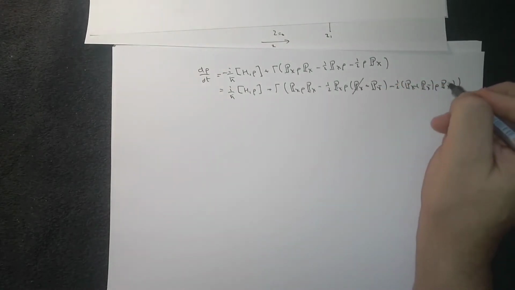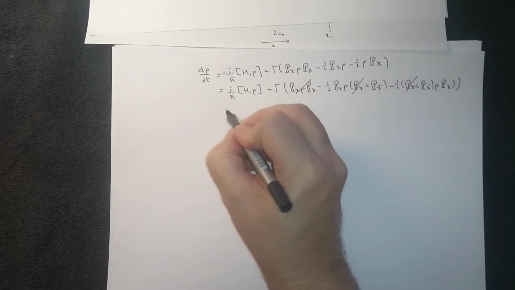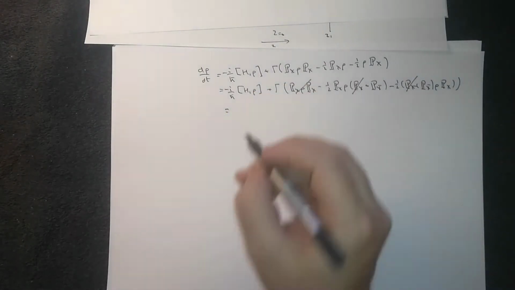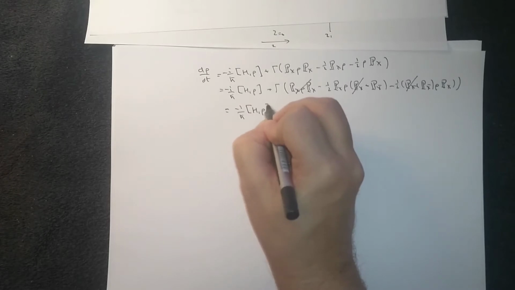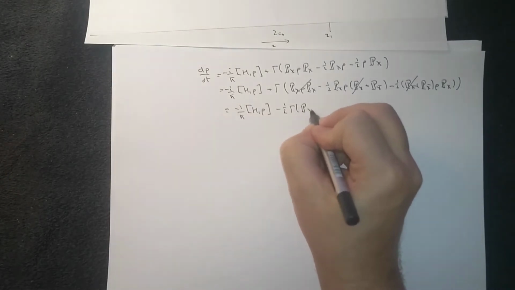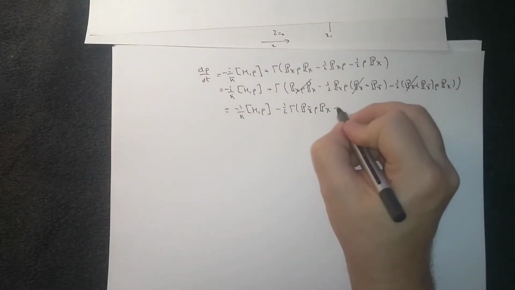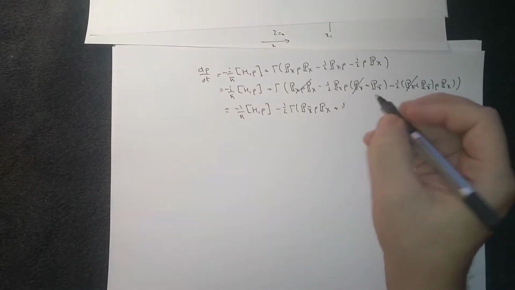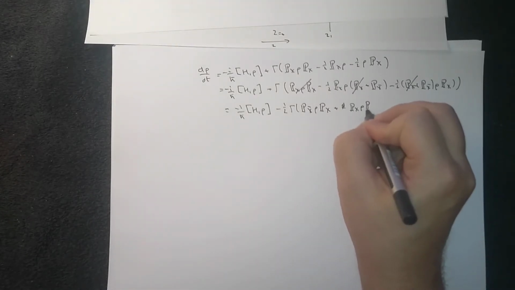That term and that term cancels out with that term. There's a minus sign missing there. Minus i over h bar, H with rho, minus a half gamma, P_X bar rho P_X plus, we've got the half P_X rho P_X bar.